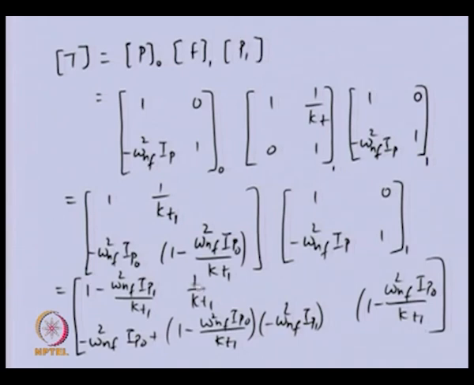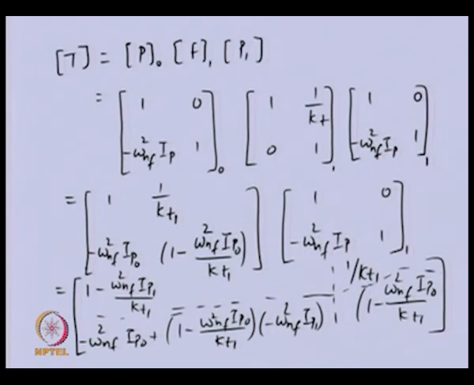Basically this we can shift here so that it is more clear, 1 by KT1. So we have a 2 by 2 matrix. This is the division, the separation of the matrix.